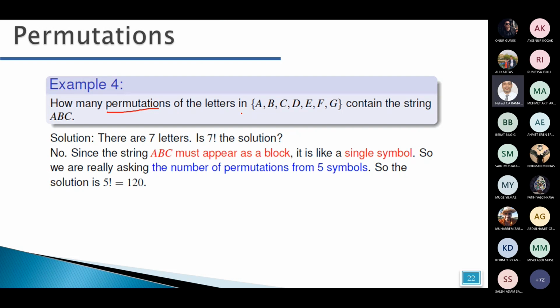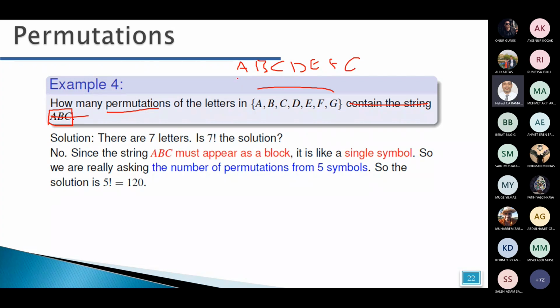Of letters in A, B, C, D, E, F, G contain string A, B, C. Okay, forget ABC now, this one. How many permutations can you get from these letters, actually? You can get A, B, C, D, E, F, G.